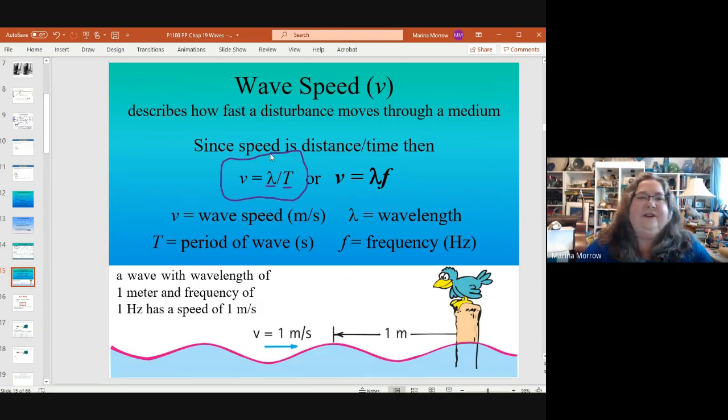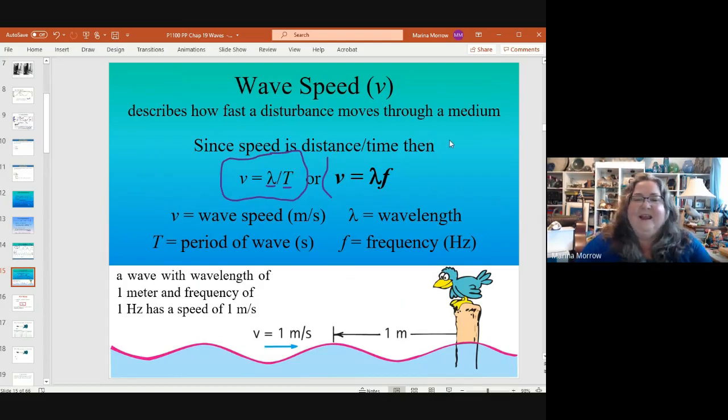However, usually when we're working with sound, we refer to the waves by their frequency, not their period. So like this tuning fork is not marked with the period, it's marked with the frequency, 256 hertz. That's middle C. So the thing is that usually we use this formula.